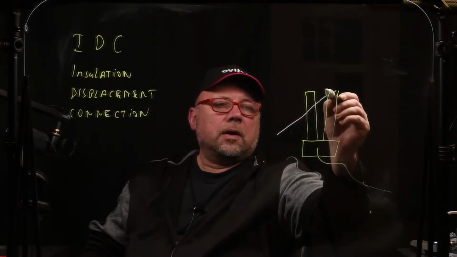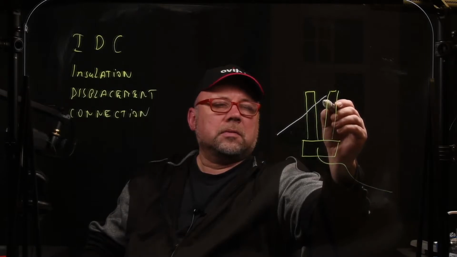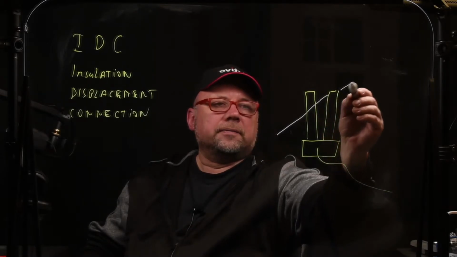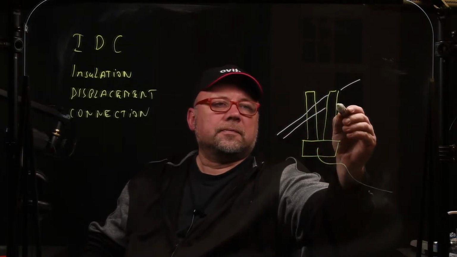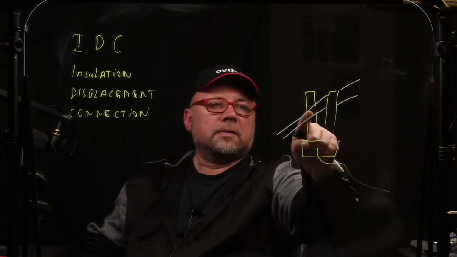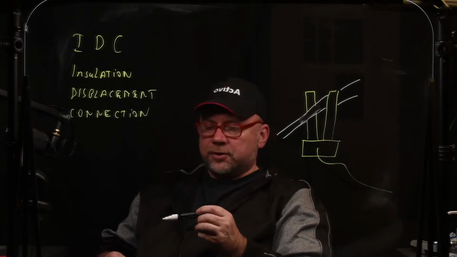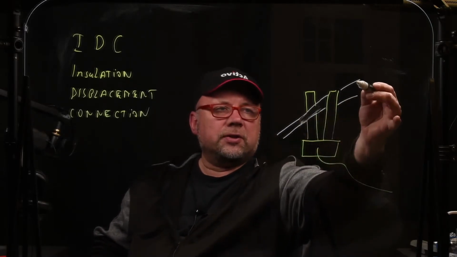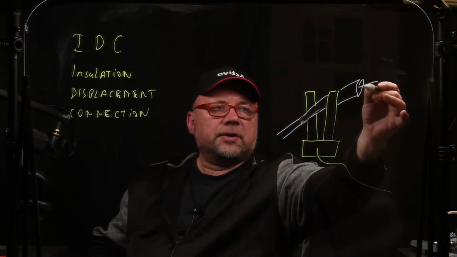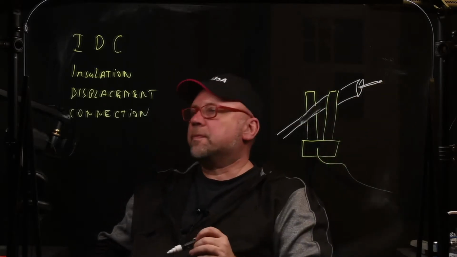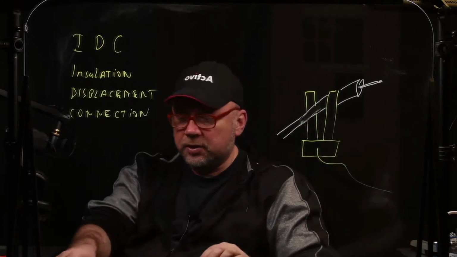So we're running a wire like that. That's how our wire is. So basically, wire has insulation, and it has a conductor inside. How does it look?